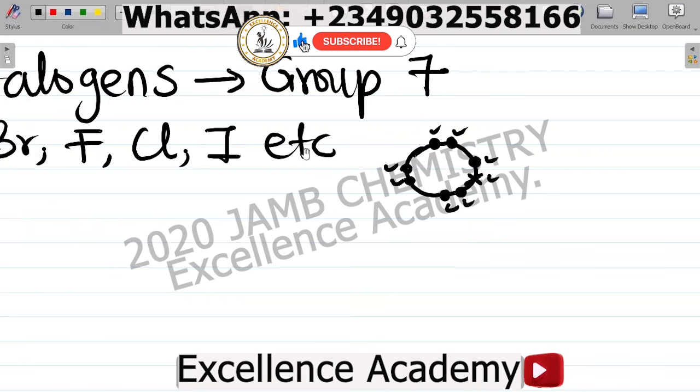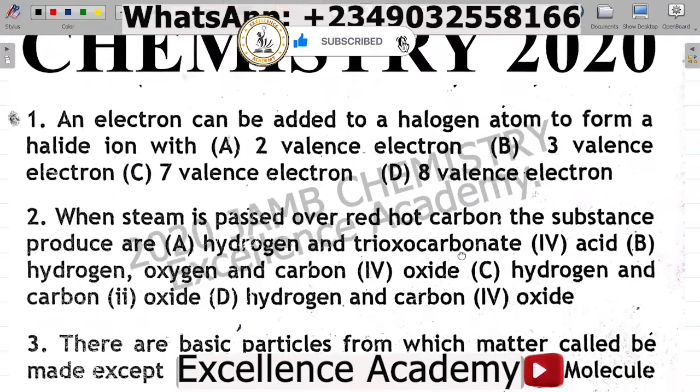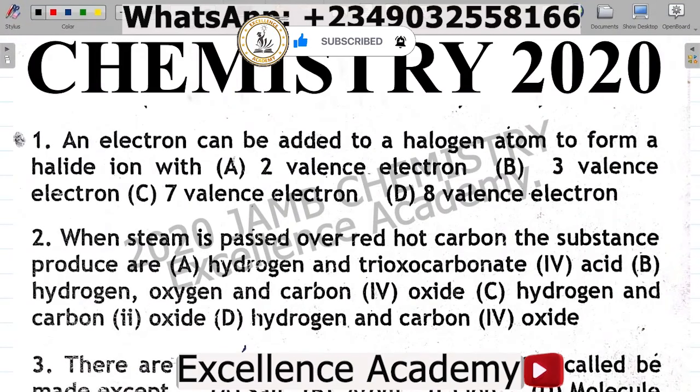So if I add an extra electron to the halogens, you have 8 valence electrons. So the correct answer here is D, 8 valence electrons. That's your answer.